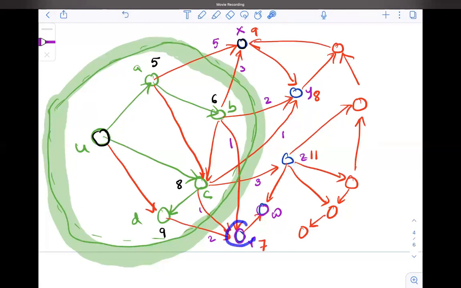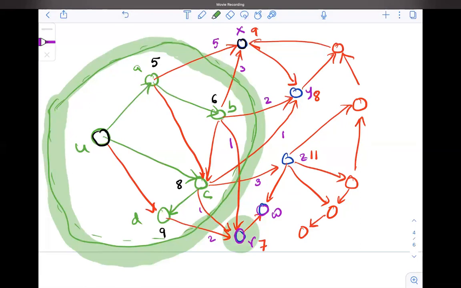And if I step out to R, I incur 7. Since 7 is the minimum of these four, I say that I will step out to this place, R. How much will I incur? I will incur a cost of 7.